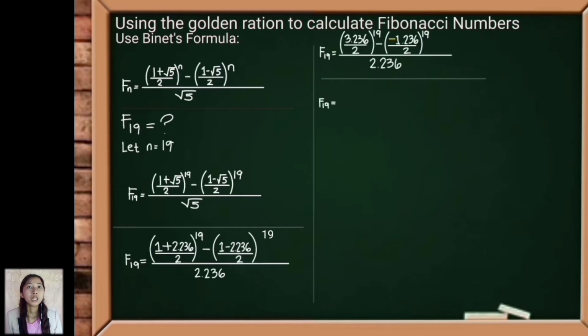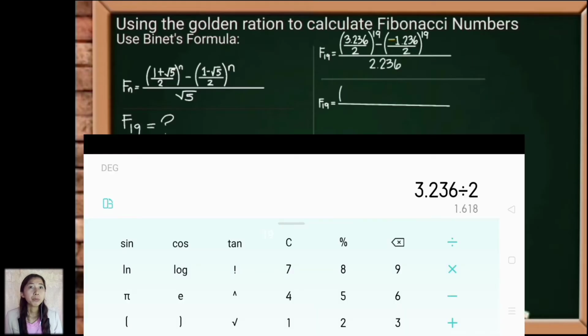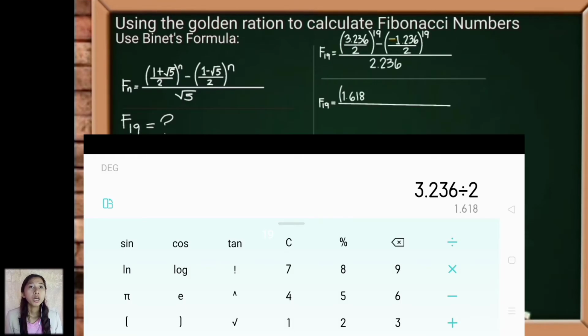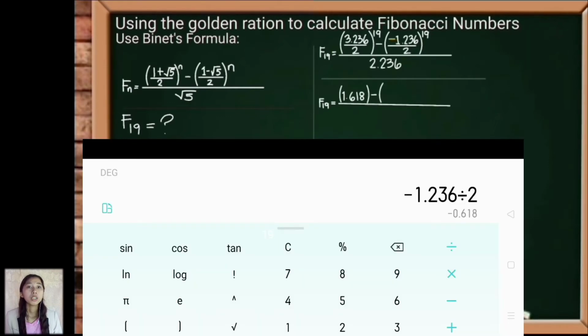So F19 equals, what is 3.236 divided by 2? Use your calculator. 3.236 divided by 2 equals 1.618. That is already estimated, so it is rounded off to the third decimal place, to the 19th power, minus, what is negative 1.236 divided by 2?